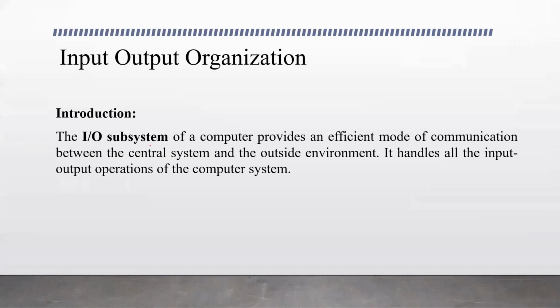There are components that collectively perform those operations, input and output, and they are called the I/O subsystem. The I/O subsystem of a computer provides an efficient mode of communication between the central system and the outside environment. For the central components of the computer to perform its operations, it has to communicate with the outside environment.